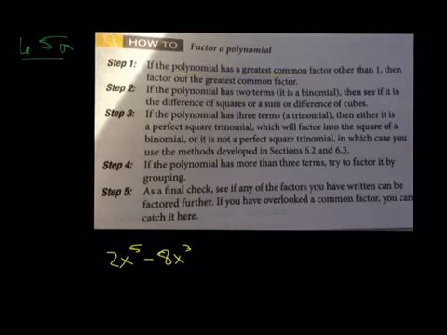Step 2: If the polynomial has two terms, which this one does, 1, 2, then see if it is the difference of squares or the sum or difference of cubes. So remember, you can do a difference of two squares, but you can't do a sum of two squares.